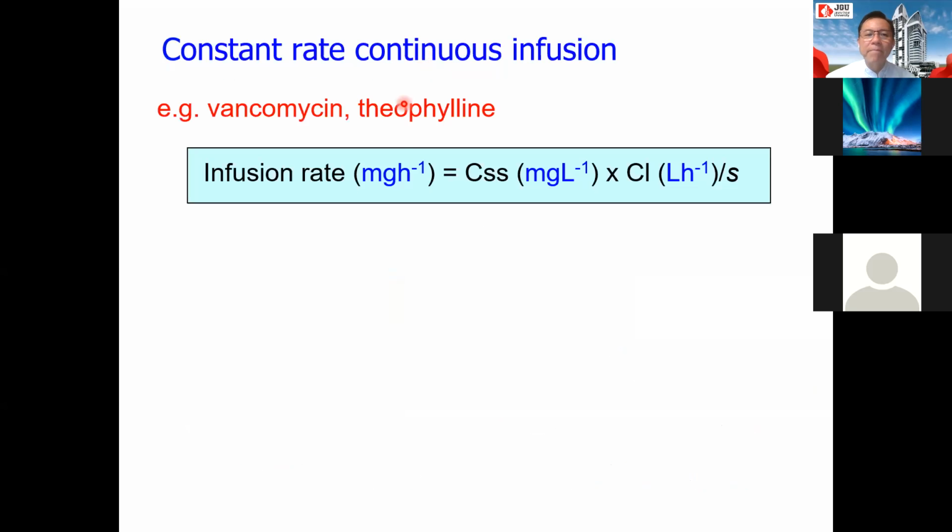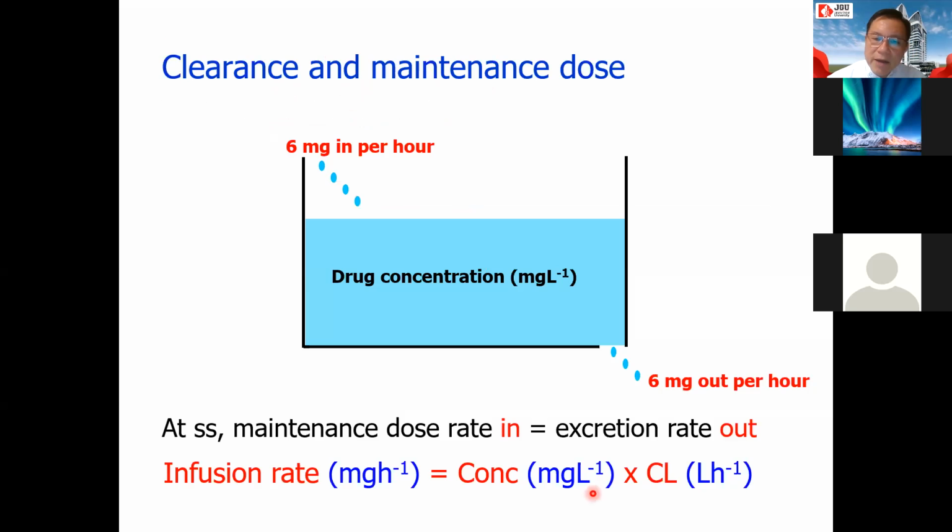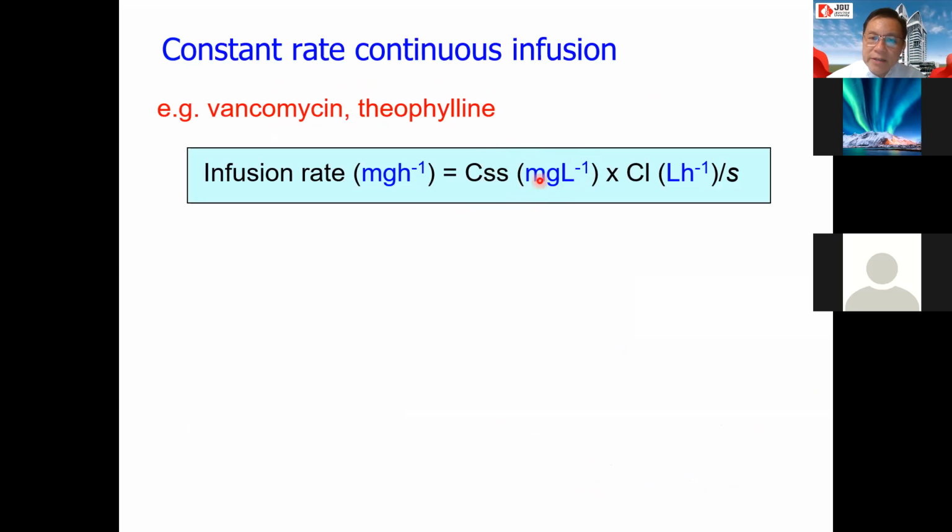Yes. So now for constant rate infusion, continuous infusion, the infusion rate, using this just now, is the same as CSS, the concentration at steady state, times clearance, divided by S. S is what?